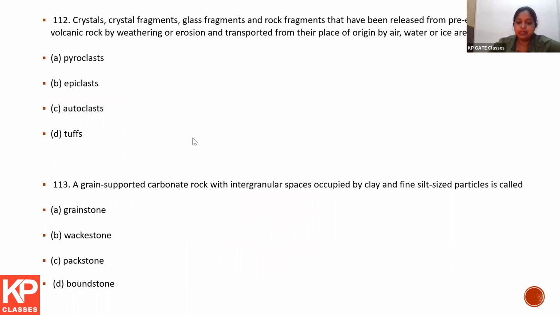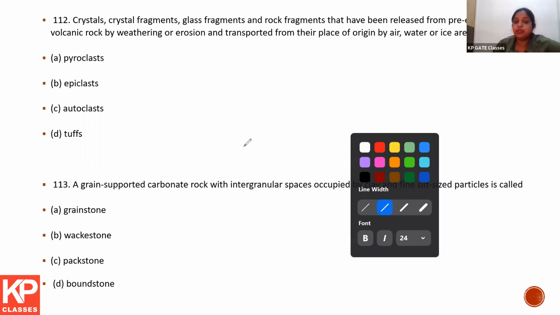Then the next one is crystal. So crystal fragments, glass fragments, and rock fragments that have been released from pre-existing volcanic rock by weathering or erosion and transported from their place of origin by air, water, or ice are known as epiclast.